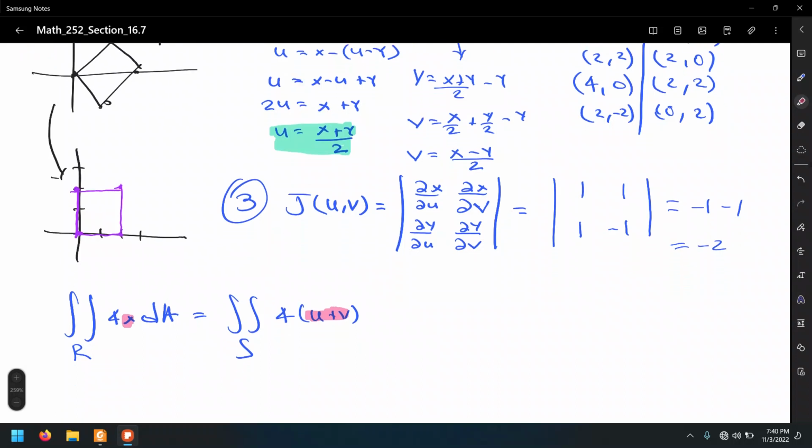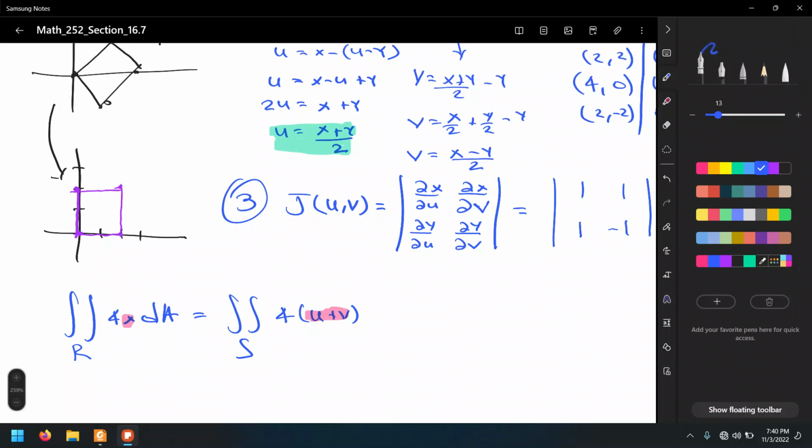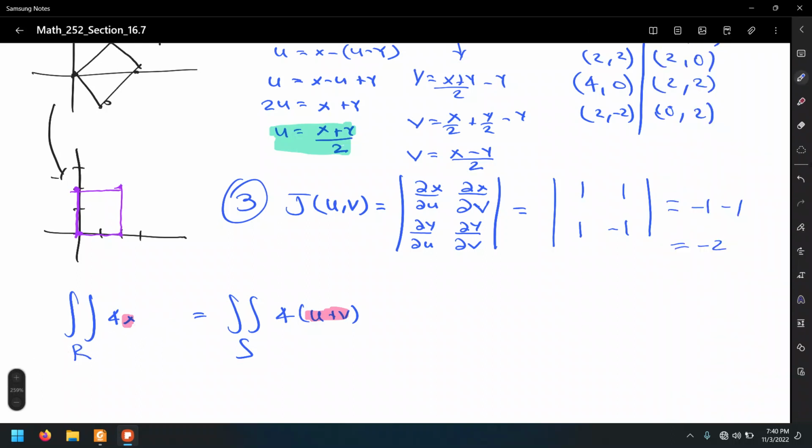And well, in this case, we want to go from the world of dy dx to the world of du dv. But the correction factor right here would be 2. In fact, I forgot to take the absolute value.